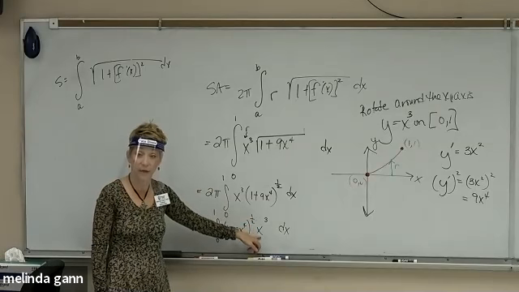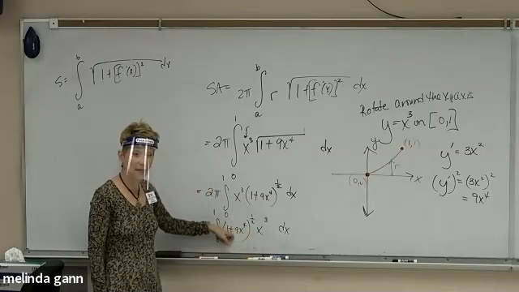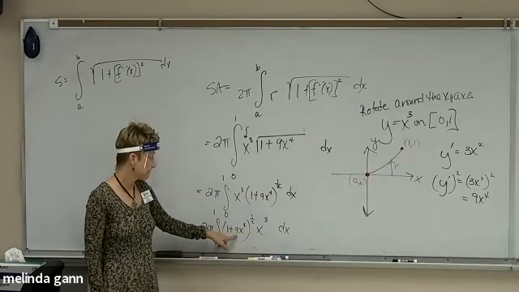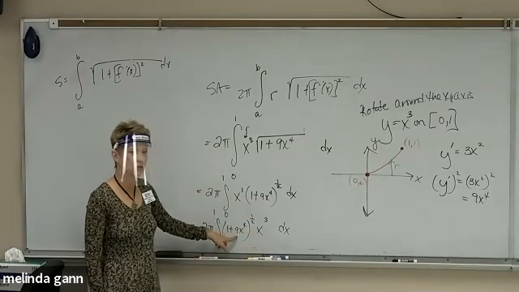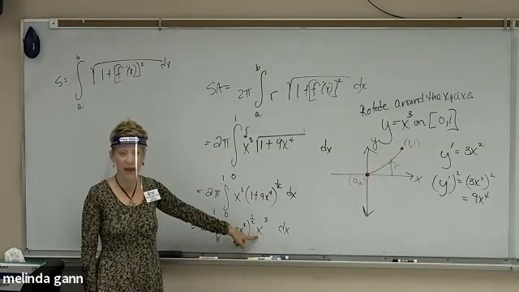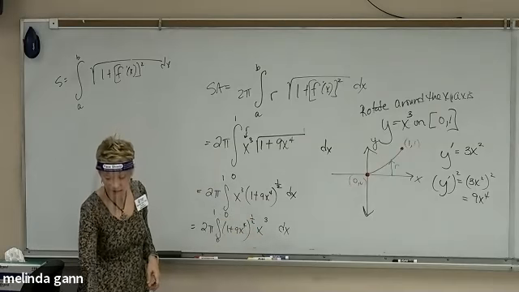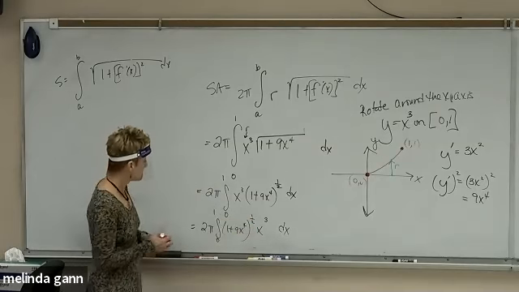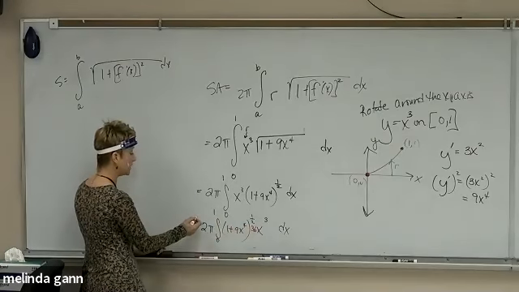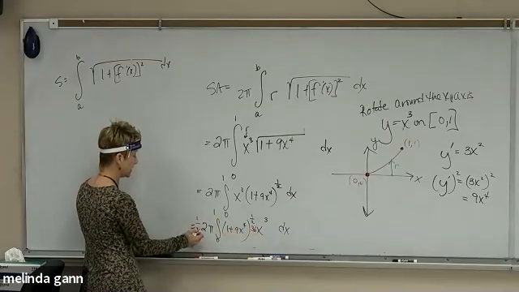The derivative of the inside. Okay, what's the derivative of that inside? 36x cubed. You've got the x cubed. What's the only thing you're missing? Well, that's easy. I can multiply by 36 if I also multiply by 1 over 36. There we go.